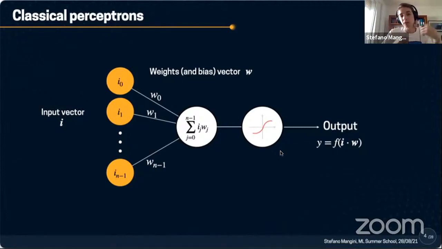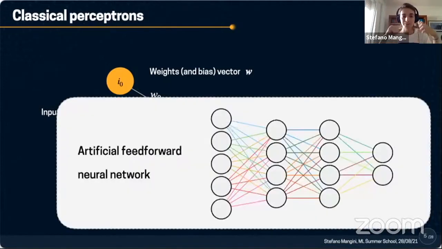You use it for further computation or pass it to future layers in your computation. So you have this perceptron, you stack a lot of perceptrons, one on top of the other. What you obtain is the standard artificial feedforward neural network.